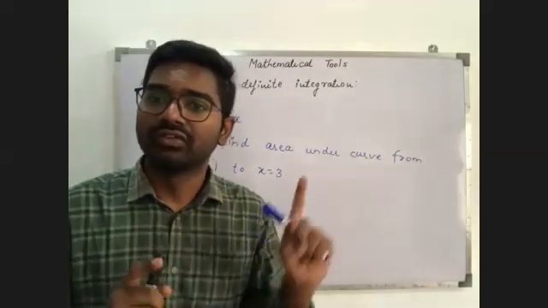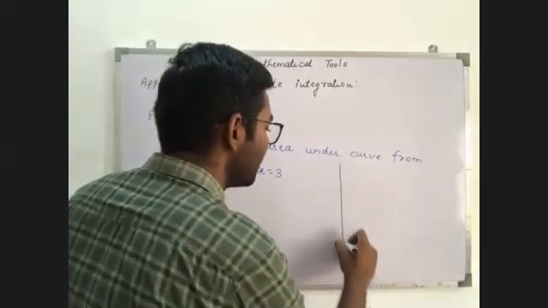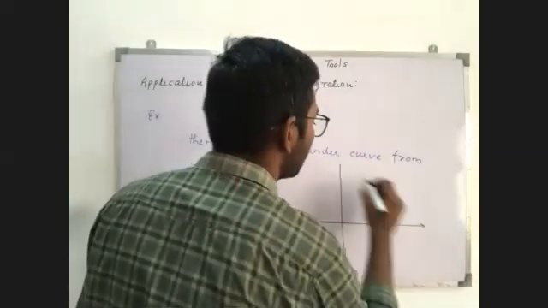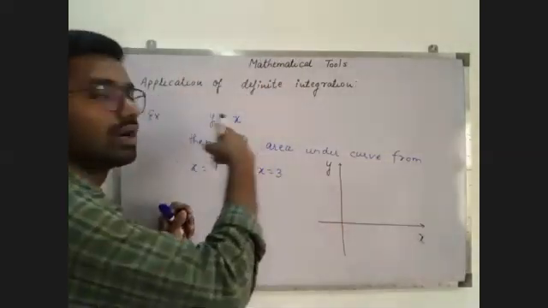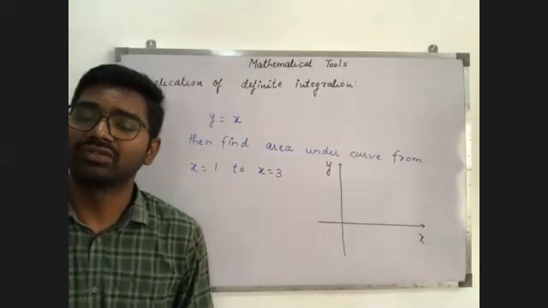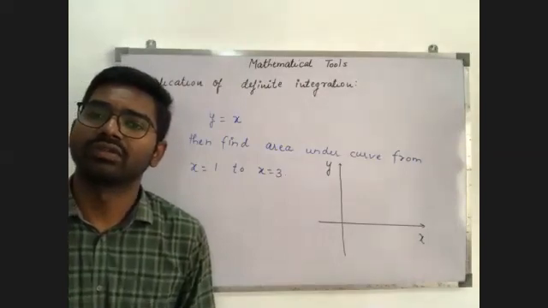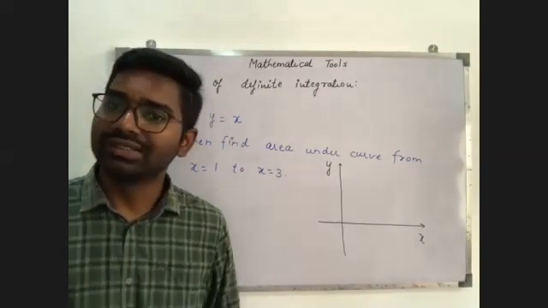So look here, first question, I am just drawing the graph. If I draw the curve of y equals f(x), this is the y axis. How is the y equals x graph going to look? Can anyone tell me the shape of y equals x? It is a straight line.